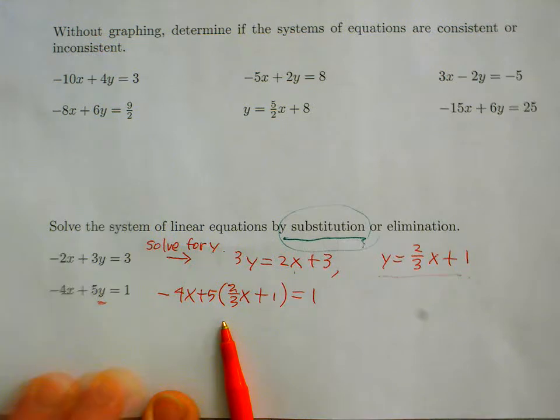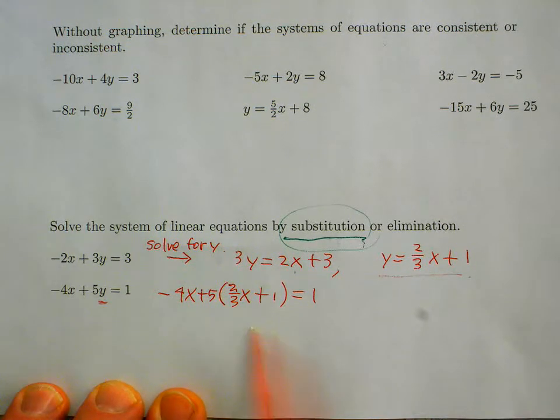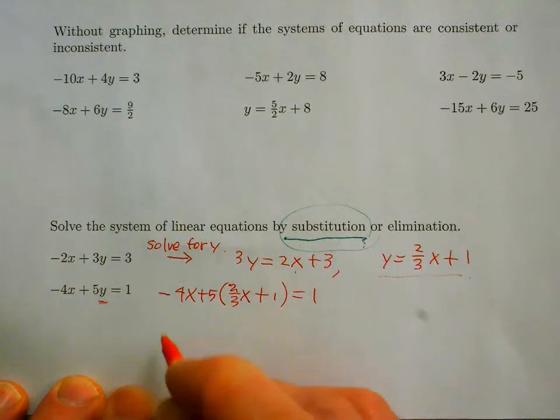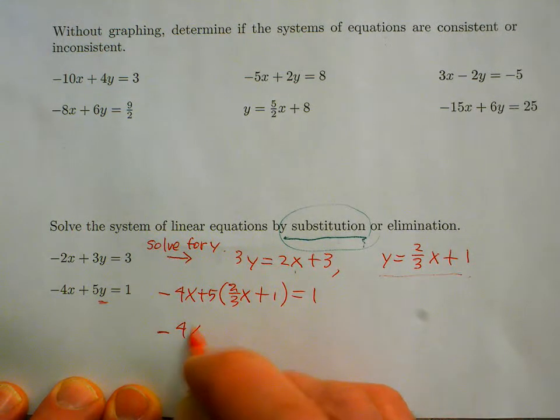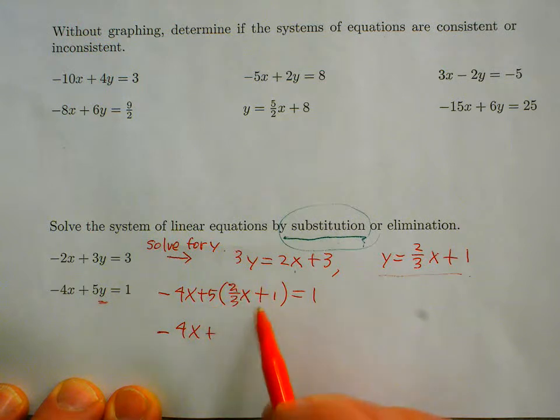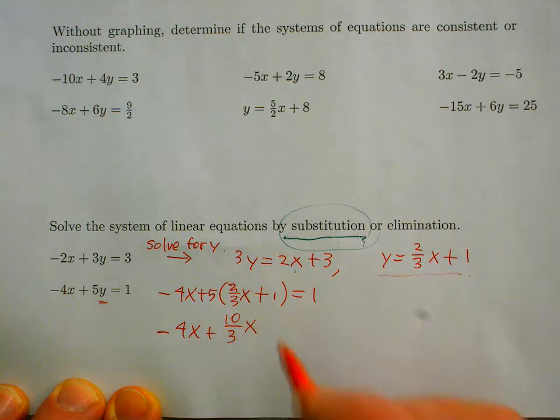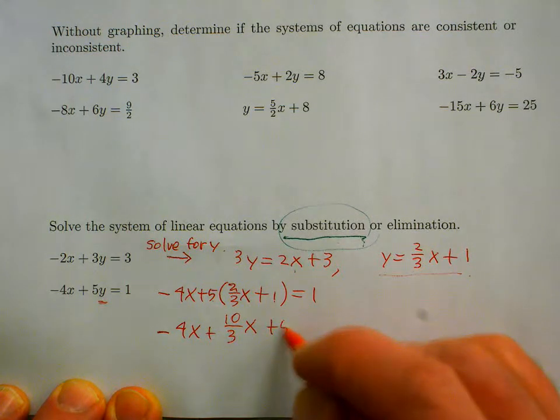Then we solve this equation for x. So there's a little bit of arithmetic involved. Negative 4x plus 5 times 2/3 x is plus 10/3 x. And then I have to remember to multiply 5 times 1, so plus 5 equals 1.